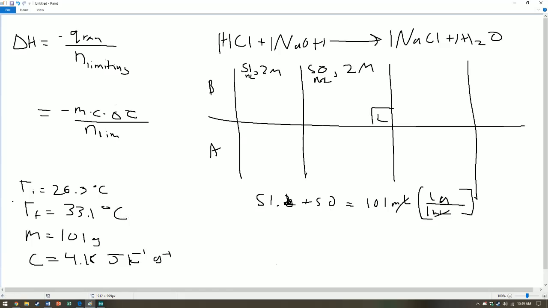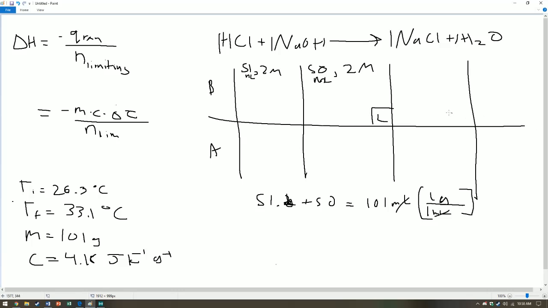And again, that's just me extrapolating the data. The reason we extrapolate it is because there's always heat loss to the environment throughout the entire process. So in order to combat that, we assume that it's going to cool at the same rate. And if we make that assumption, we can estimate where the final temperature would have been had heat loss not occurred, more or less.